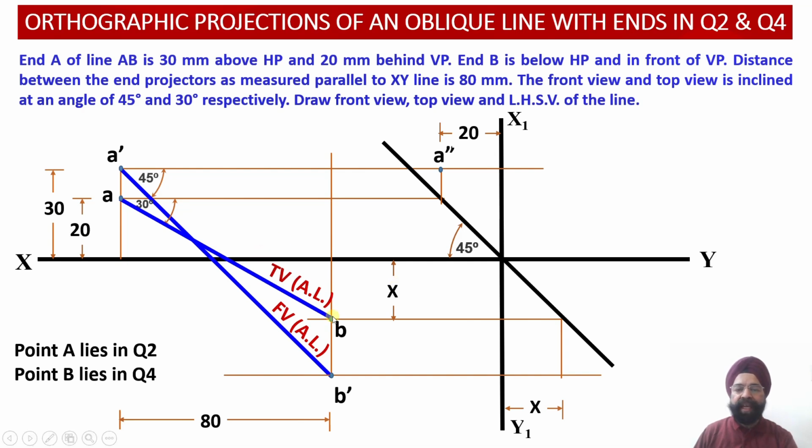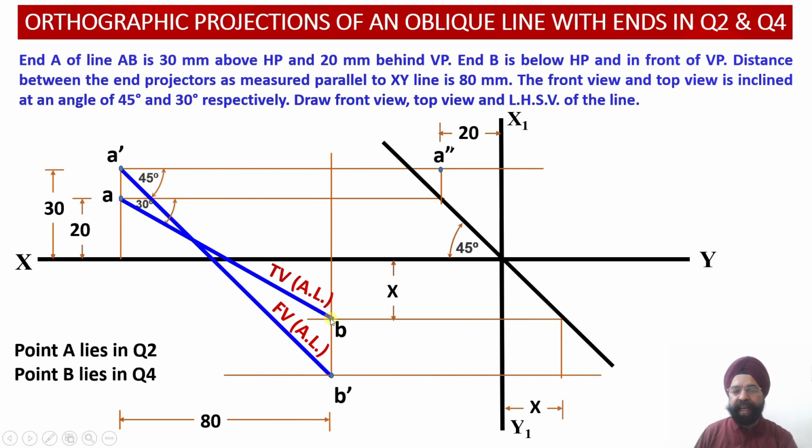So point B has been located in the orthographic projections at a distance x in front of the vertical plane. Now we are going to transfer this distance x in front of the vertical plane into the profile view projection over here.